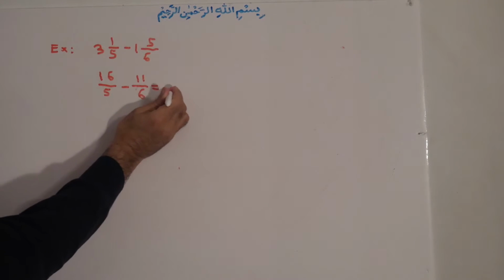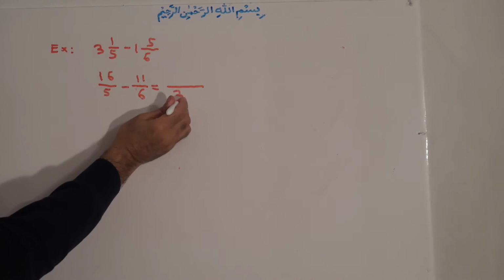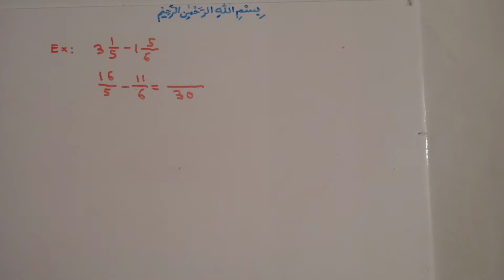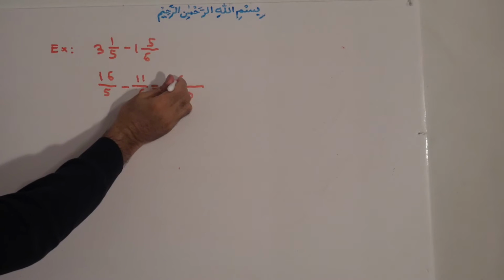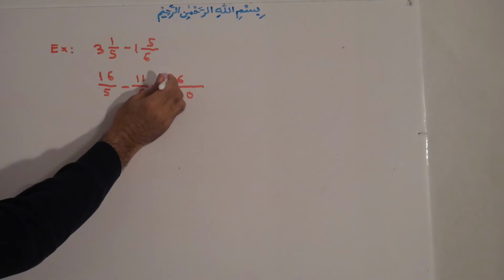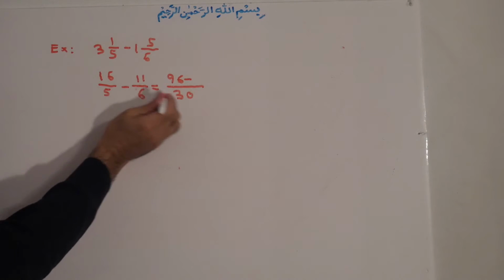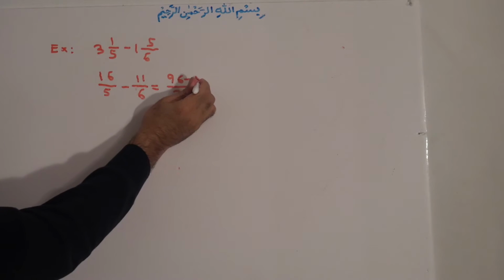Now the common denominator is 5 times 6, which is 30. 30 divided by 5 is 6. 6 times 16 is 96. Minus 30 divided by 6 is equal to 5. 5 times 11 is 55.